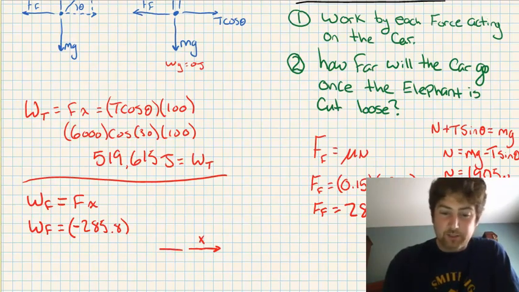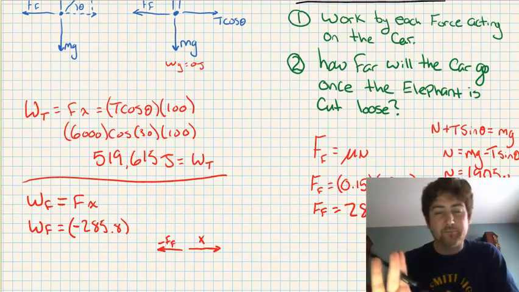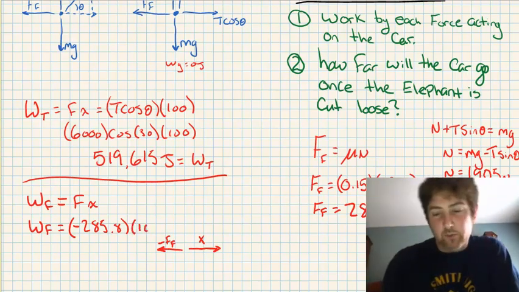So the work done by friction has to be negative 491,035 joules, because that much energy must be removed by friction for the car to come to a stop.